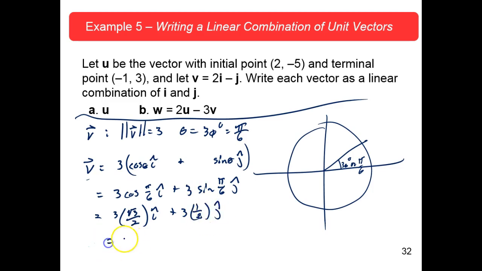So this would be 3 root 3 over 2 i plus 3/2 j. All right, that's what your v is. Good deal.